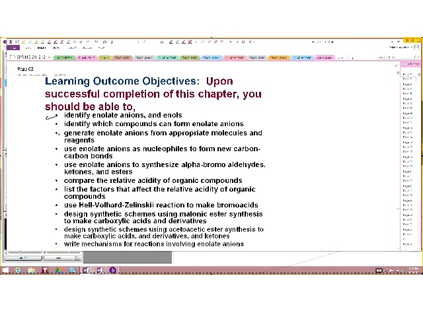You should also be able to identify those compounds or molecules that could generate Enolate anions. And then you should be able to use Enolate anions as nucleophiles to form new carbon-carbon bonds. We are going to do a lot of that in this chapter.